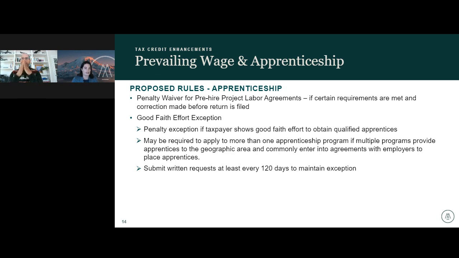And even if you apply to an apprenticeship program and they either do not have an apprentice available to you or do not respond, you will have to resubmit that request at least every 120 days to maintain the exception. So it does give an option where there may not be apprentices available, but there is going to be an administrative burden to maintain your eligibility for that good faith effort exception to the penalties.